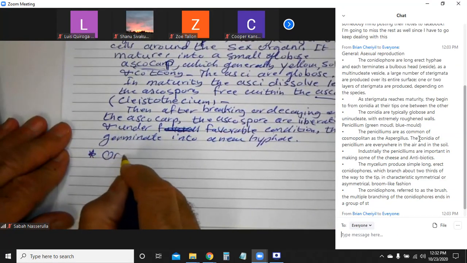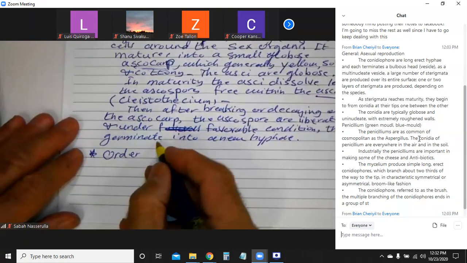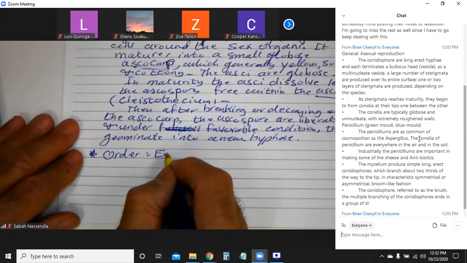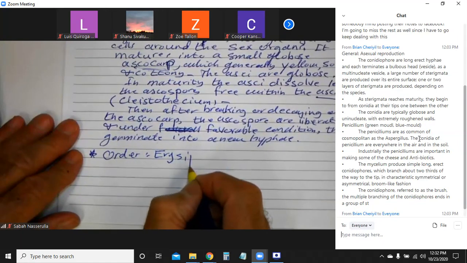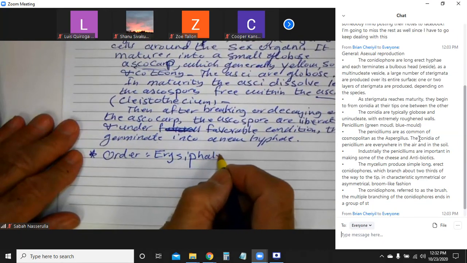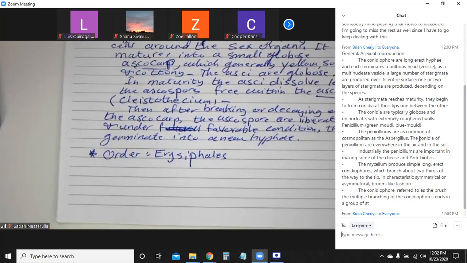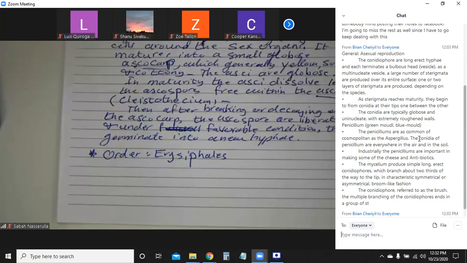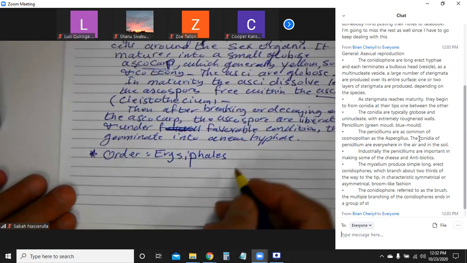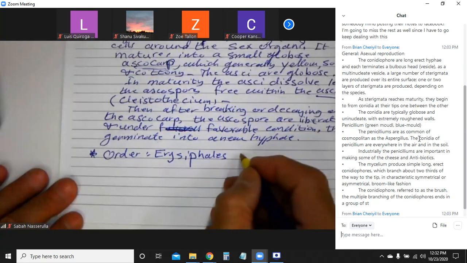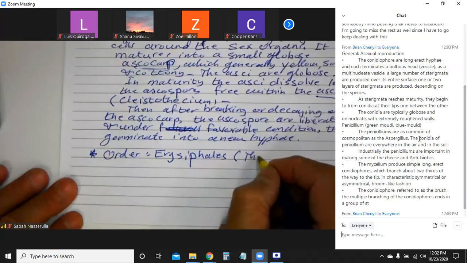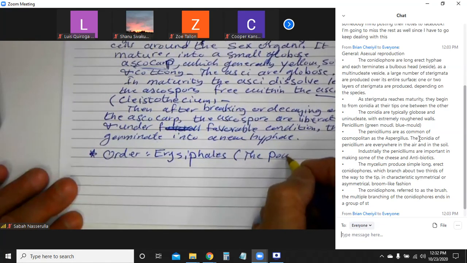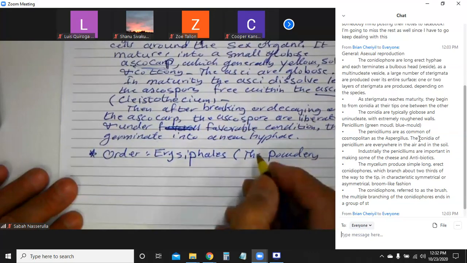Another order here known as Erysiphales. This order also, as a matter of fact, is commonly known as the powdery mildews.